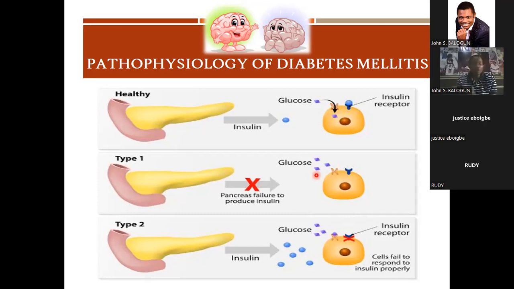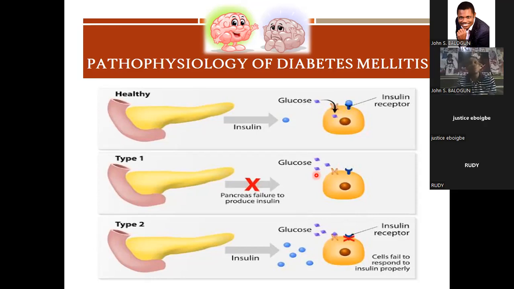And remember, when we talked about plasma osmolality, we said that glucose is a major contributor to plasma osmolality. So because of that, there is increased osmolality, such that in hyperosmolar hyperglycemic state, the level of glucose can be as high as 600 milligrams per deciliter. That's over 30 millimole per liter. And the osmolality can be even higher than 320 milliosmol.